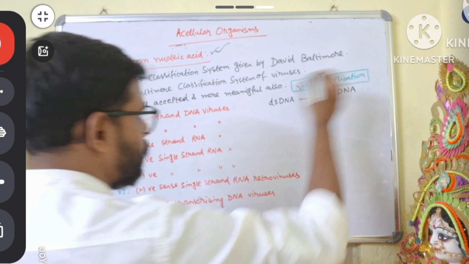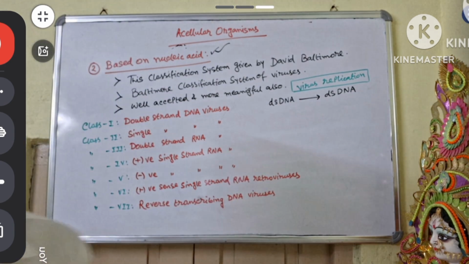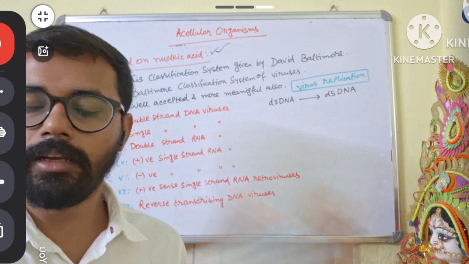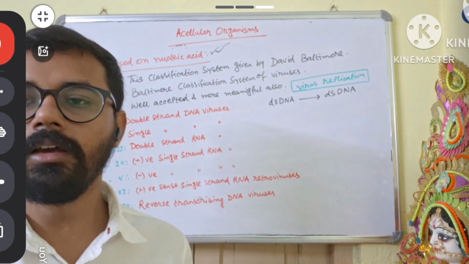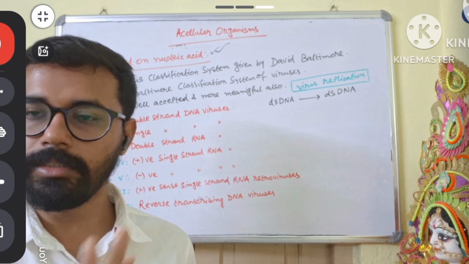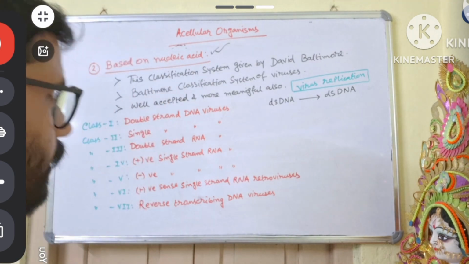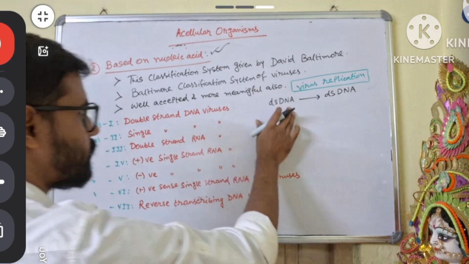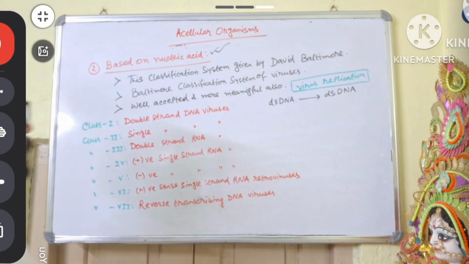It is very simple. Just like us, our double strand DNA converts into double strand DNA by means of DNA polymerase. Other enzymes are also involved, but the main replicative enzyme is DNA polymerase. In the normal scenario, in class 1, double strand DNA replicates into double strand DNA.